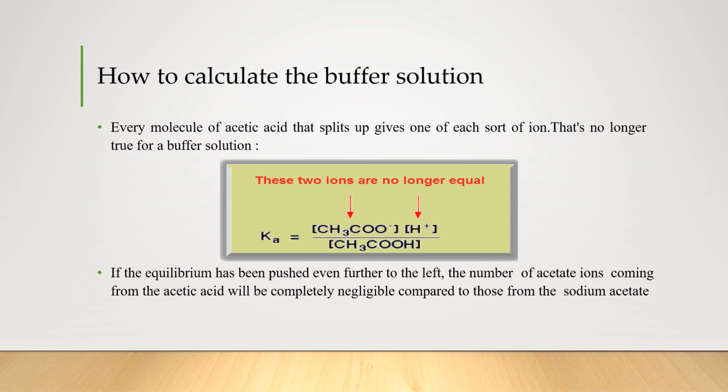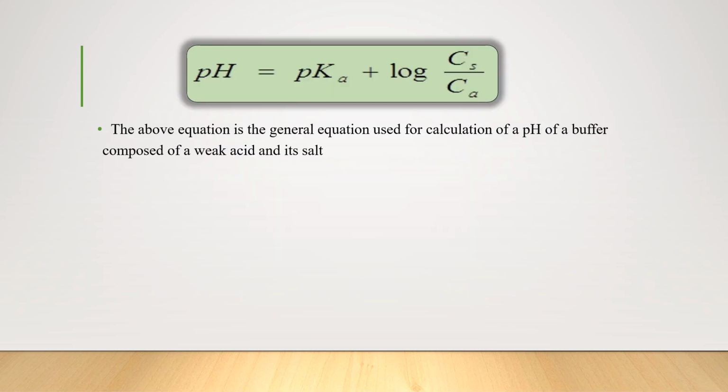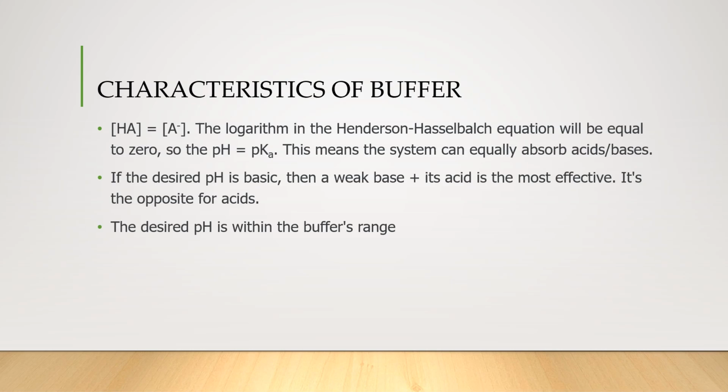For example, in the picture above, the Ka value equals [CH3COO minus][H plus] divided by the concentration of the acid. The two ion concentrations are no longer equal. These are the general equations used for the calculation of the pH of a buffer composed of a weak acid and its salt.